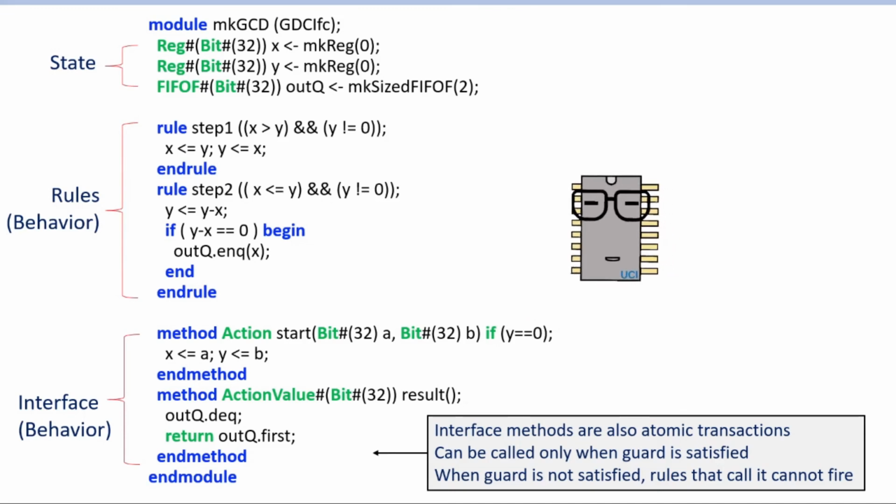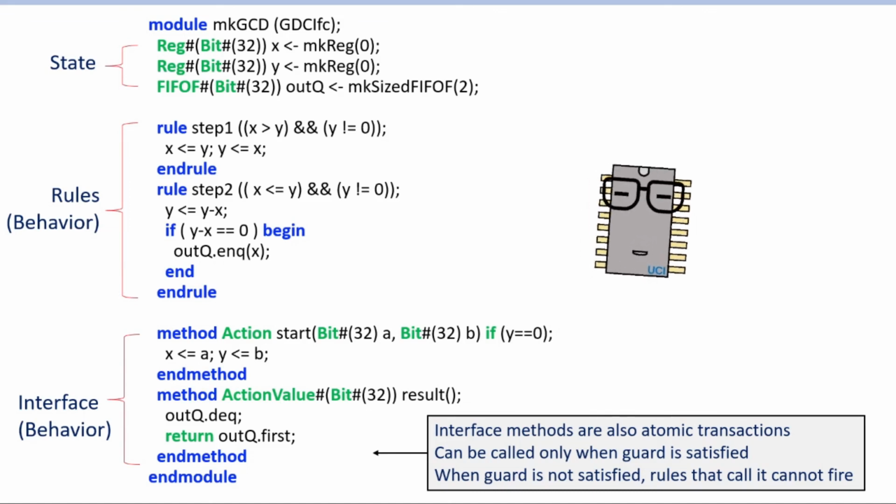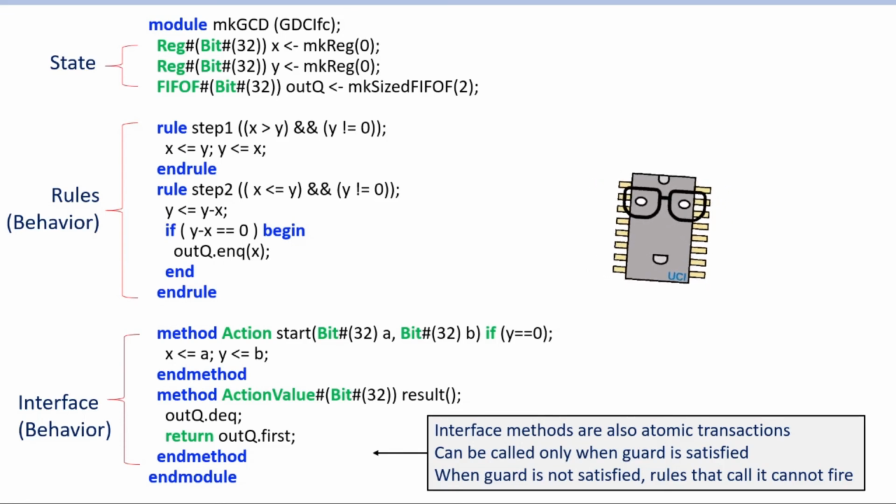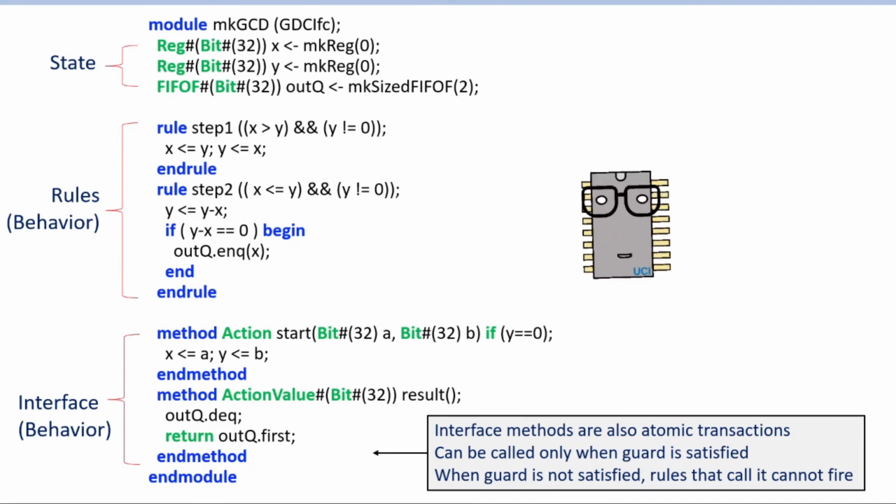So basically, one potentially wrong abstraction to imagine this is to think of each rule as a thread, which is just looping forever to see if there's something it can do. And methods are functions called by these threads. That's a potentially wrong abstraction, but it might help imagine what these things do.